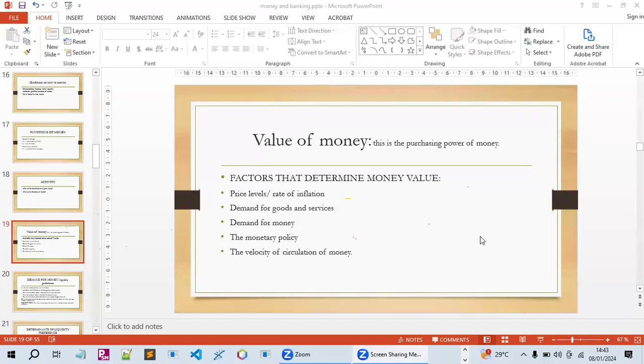For instance, if the volume of goods and services from a fixed amount of money is big, then the value of money is said to be high. That means that if a unit of money is used to purchase more goods and services, then its value is high. But if a unit of money purchases less of a commodity, then the value of that money is low.